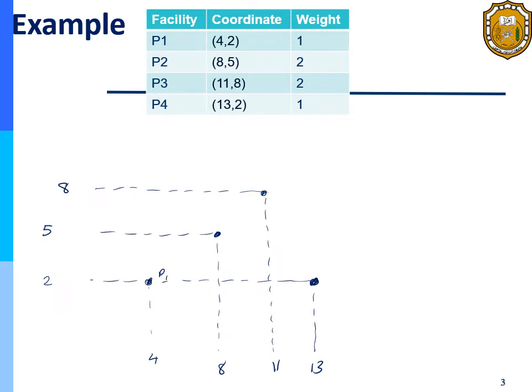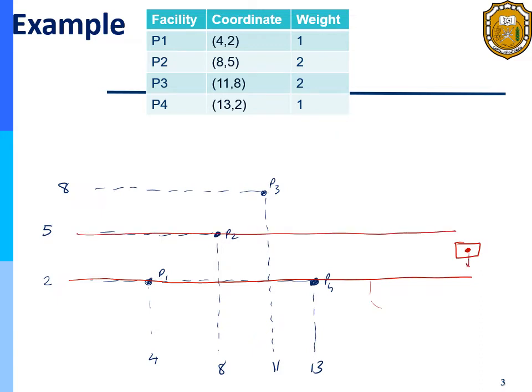This is P1, P2, P3 and P4. And the next step is to sketch horizontal and vertical lines passing through these coordinates. So at this coordinate of 2, there is one horizontal line, coordinate of 5, a horizontal line, and 8, this horizontal line. And then vertical lines for 4.